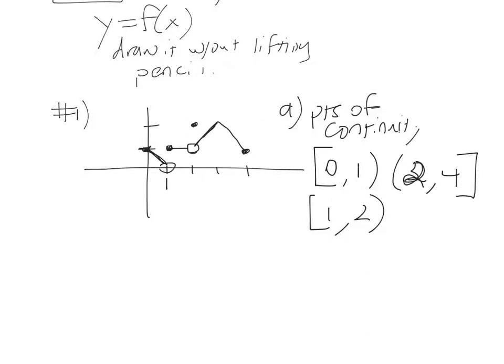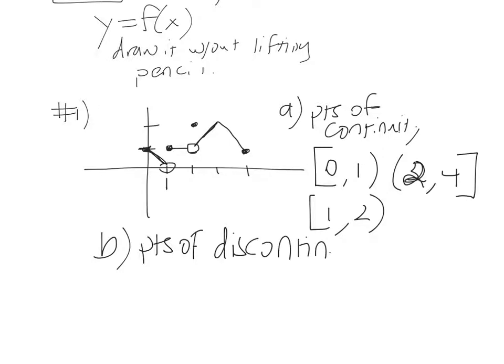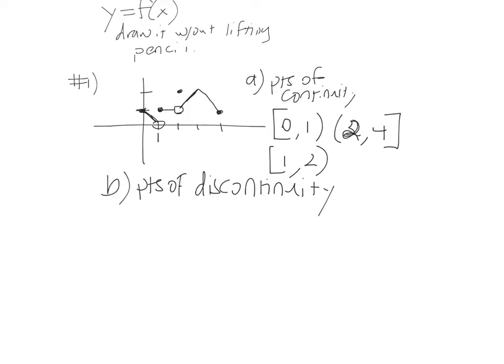Now, the question that I would rather ask would be, what are the points of discontinuity? Discontinuity. Sound it out, spell it right. There you go. Now you can see them. It's where you had to lift your pencil in order to graph. So, for example, I'm walking on my graph and I'm continuous right here until I get to x equals 1.